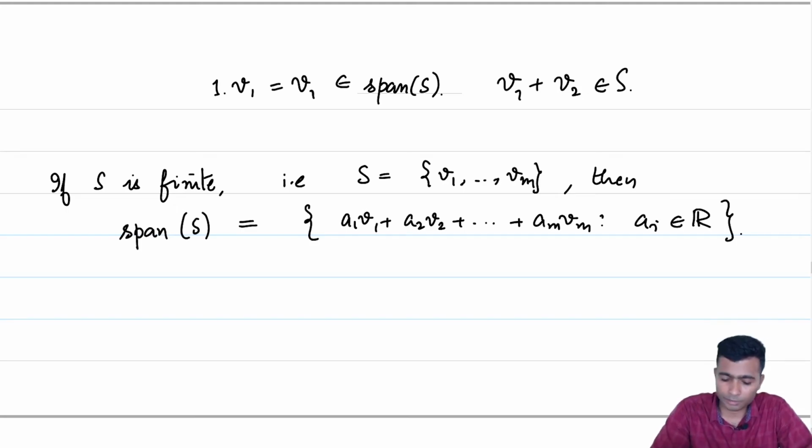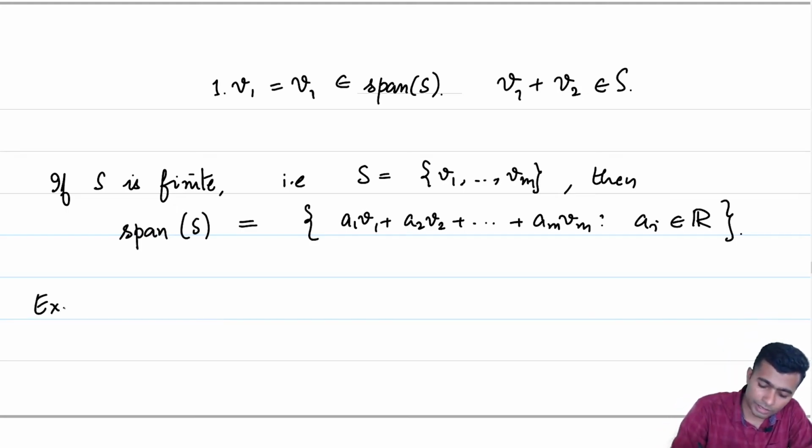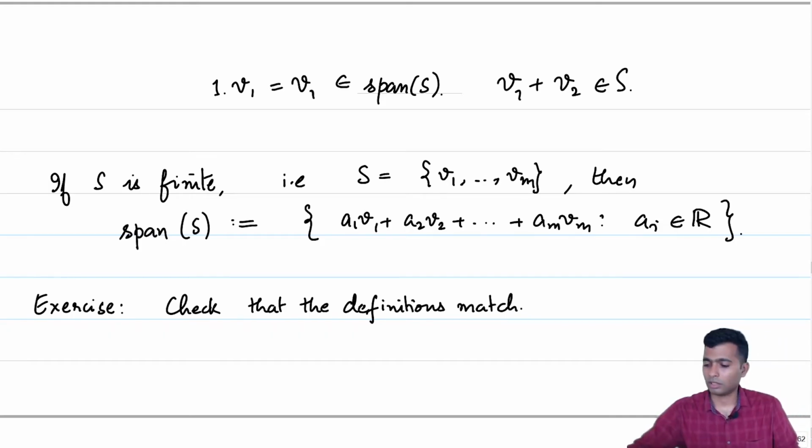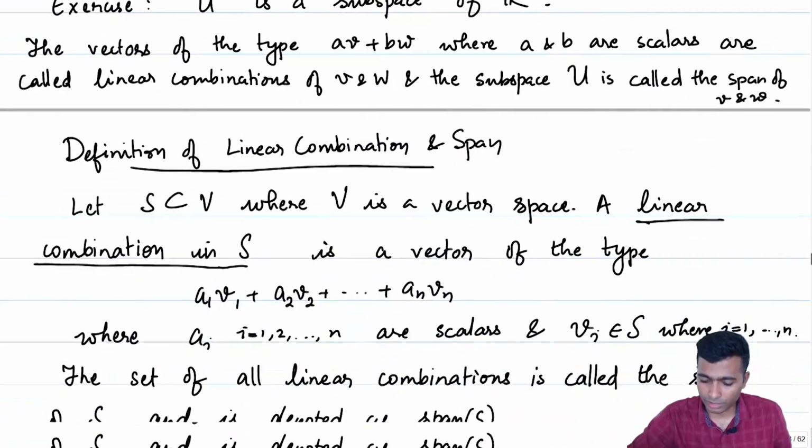But that's not saying much. I will just leave it as an exercise for you to check that the definition has not changed. Check that the definitions match. So what is there to check at all, is the question, right?